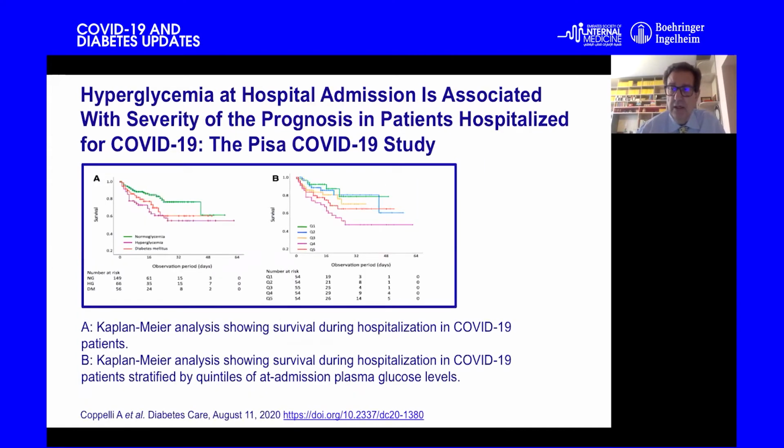And finally, this is a study coming from Italy, again from Pisa, confirming that high glucose at the admission is worsening the prognosis, and this is true for people with or without diabetes. But for the first time, it was clear that the high glucose level was even more dangerous in people without diabetes than in people with diabetes having COVID-19.